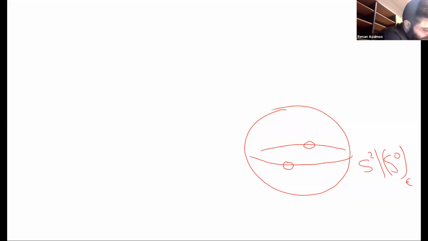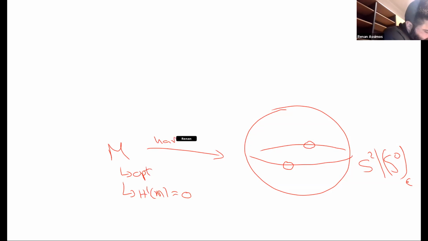And then we are taking a harmonic map, right, from a compact hypersurface. So this map is harmonic, okay? This is the Gauss map, which we denoted by gamma.